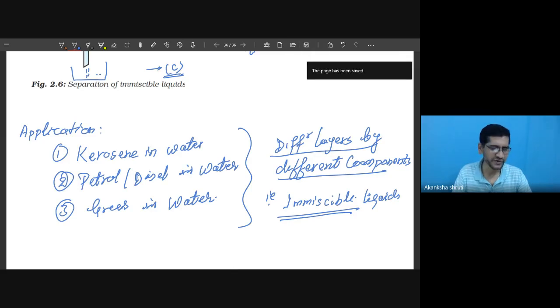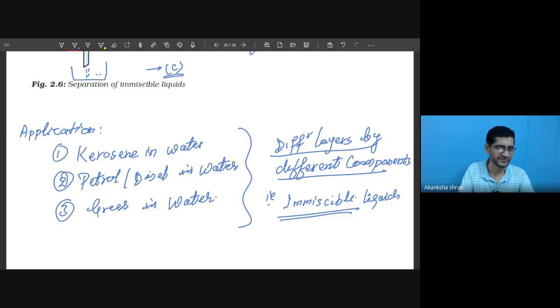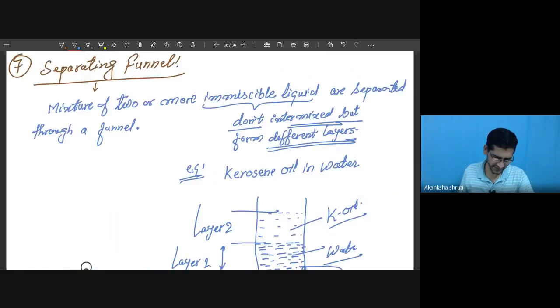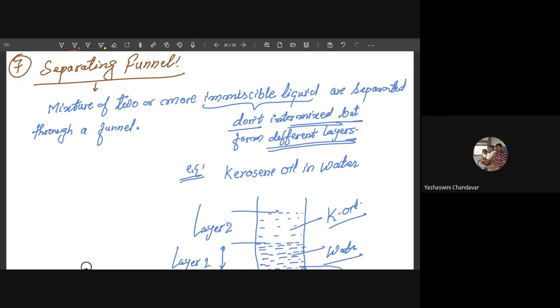This way we have to keep in mind the topic called separating funnel.